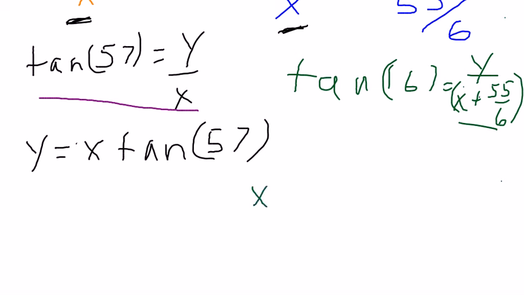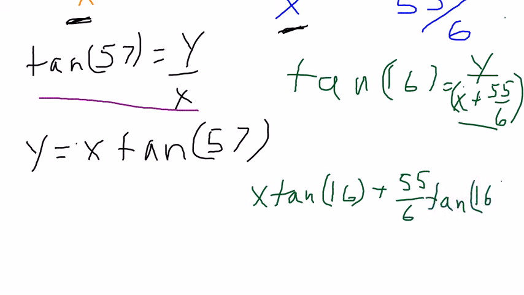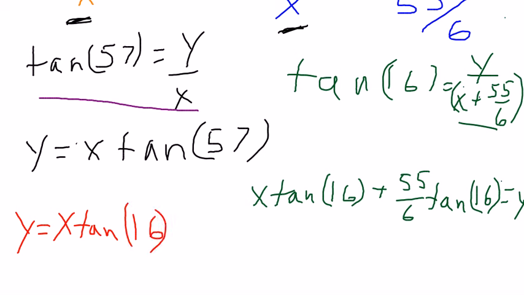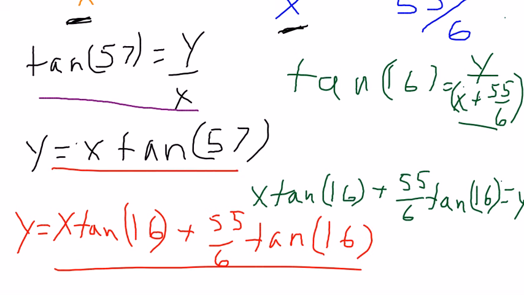This would give me x tangent 16 plus 55 sixths tangent 16. And all of this would equal y. So I'll rewrite it over here. y would equal x tangent 16 plus 55 sixths tangent 16. So I have two equations and two unknowns.